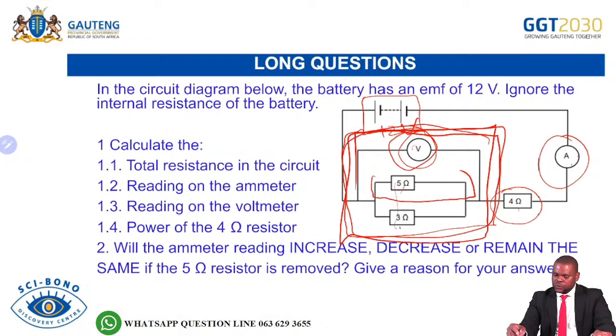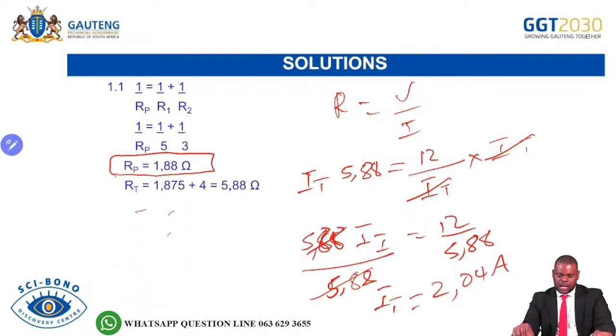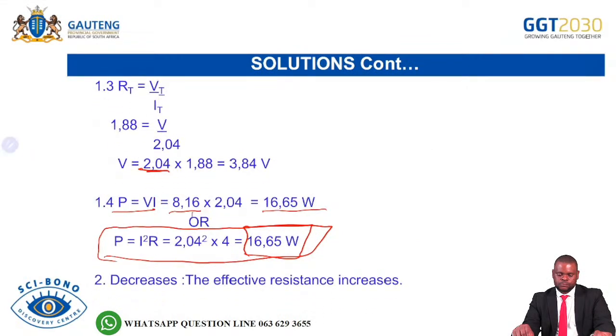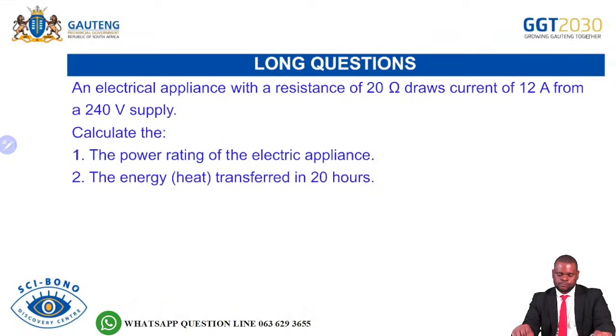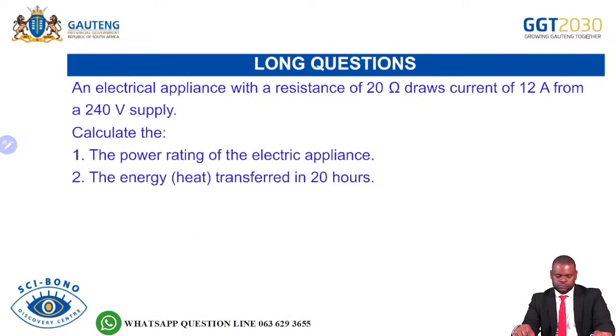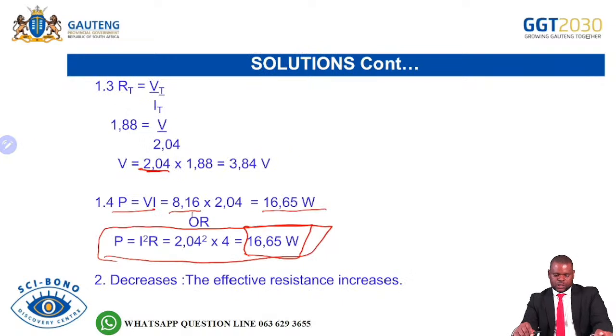Now, let's go back to our answer. The answer says the ammeter reading will decrease. Why?